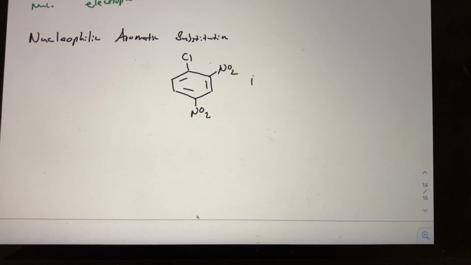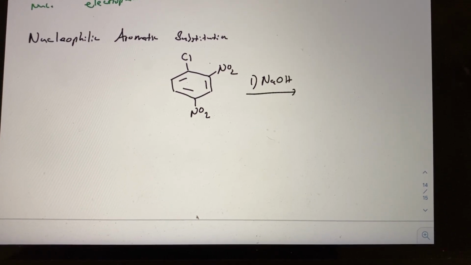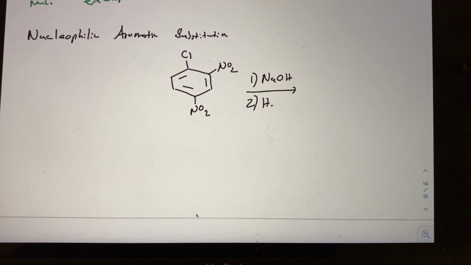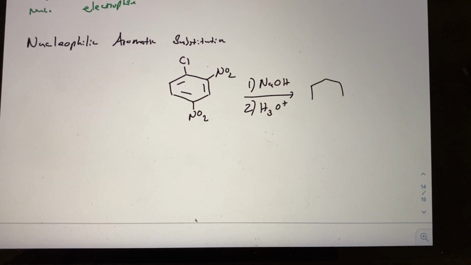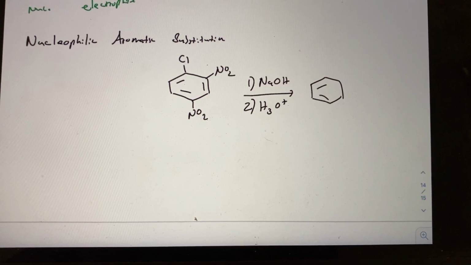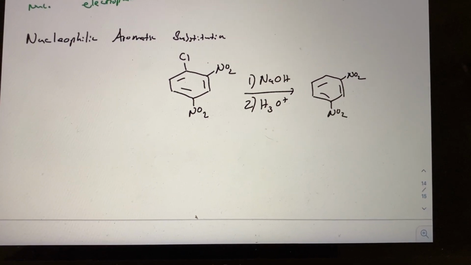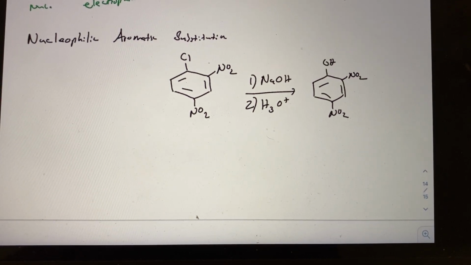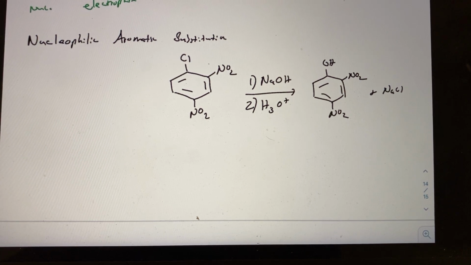If you were to react this with a strong base like sodium hydroxide, there would be water around, and then second, treat it with an acid, we actually would end up with a substitution reaction where the nitro groups are still there intact, but that chloro substituent has been replaced or substituted with a hydroxyl plus sodium chloride.